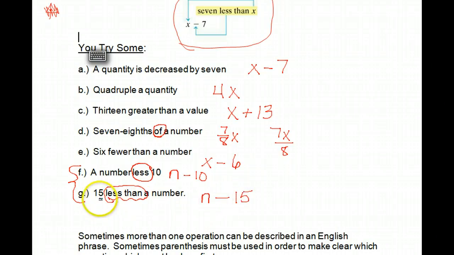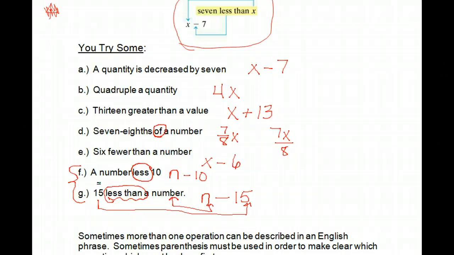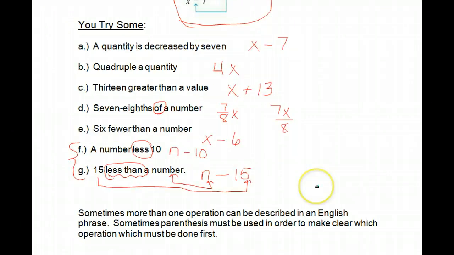So please notice here that in letter G, I had to flip-flop the order in which they were presented. So the 15 was written last, even though it was presented first. Okay, that is a very, very common error in the way that people set up their problems.